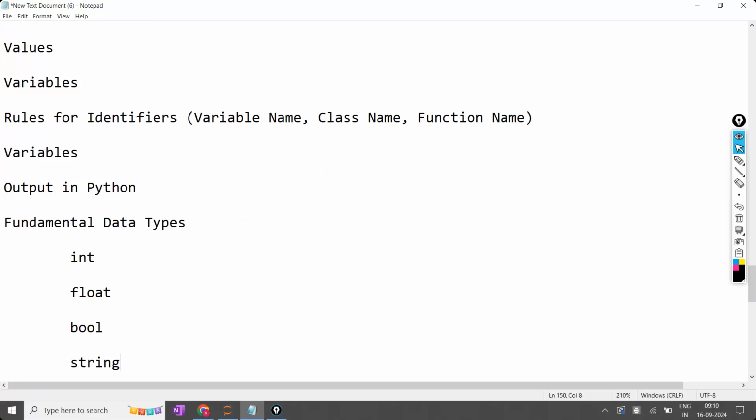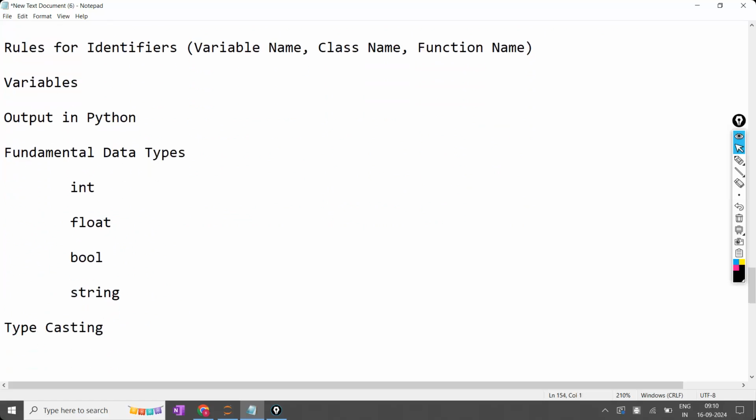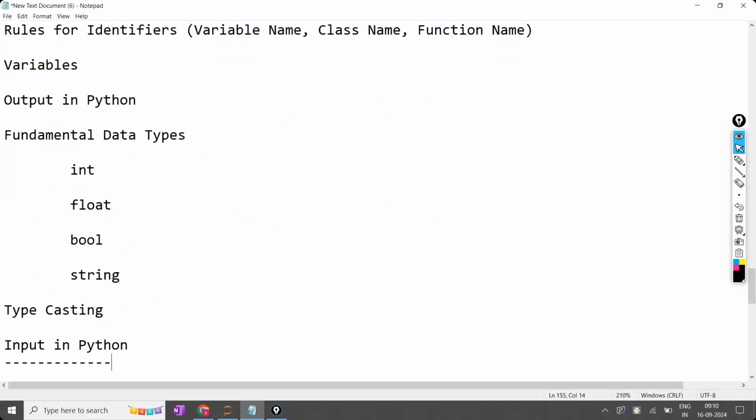So in total, 4 fundamental data types we have discussed. We also discussed typecasting and the input function in Python. These are the things we covered till the last class.